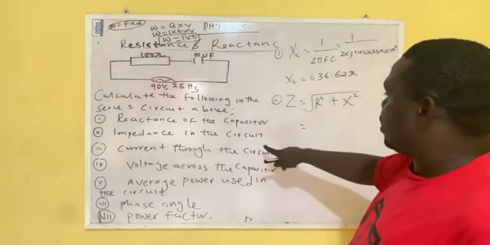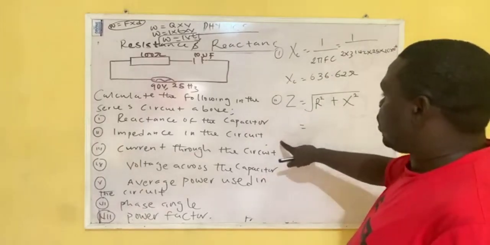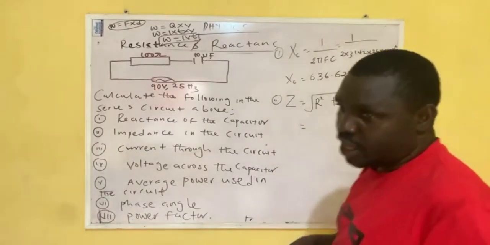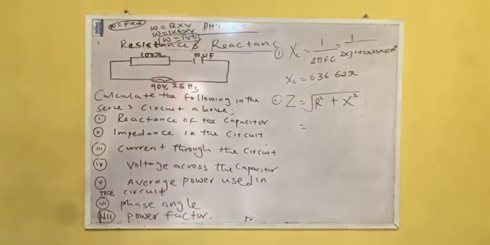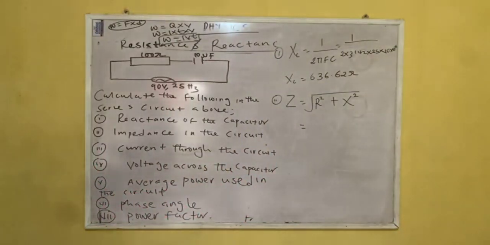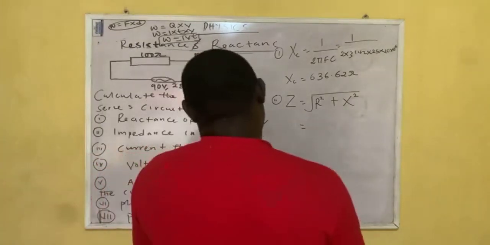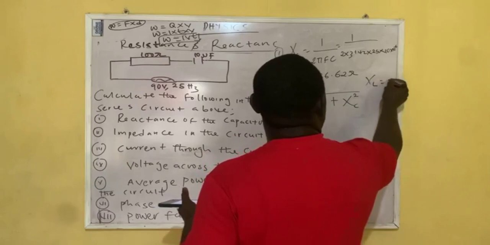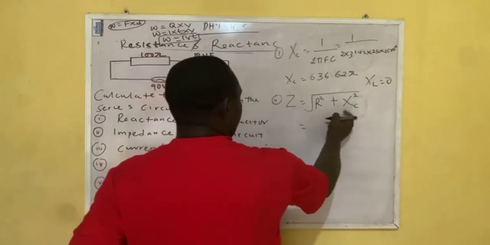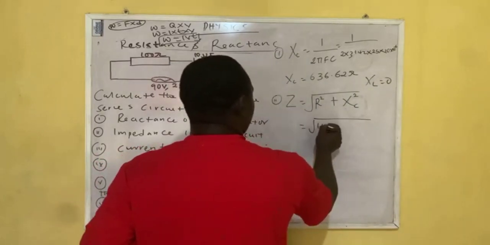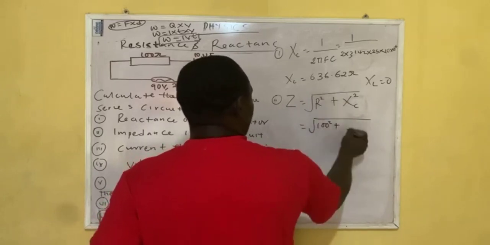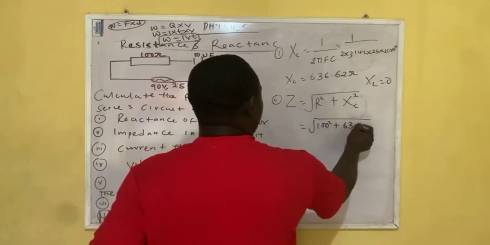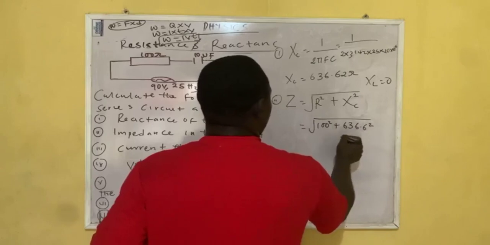Let's punch the calculator for this. This one requires serious punching. If you are following, please make sure you follow well. Remember, our XL here is 0, and so we are using this. 100 squared, and then what do we have here? Let's put it here, 662.